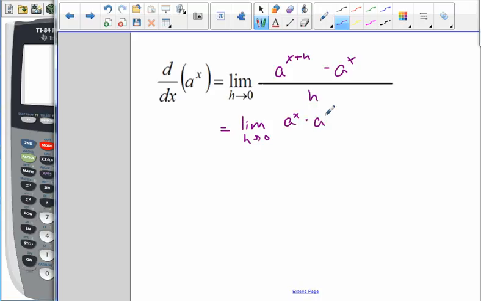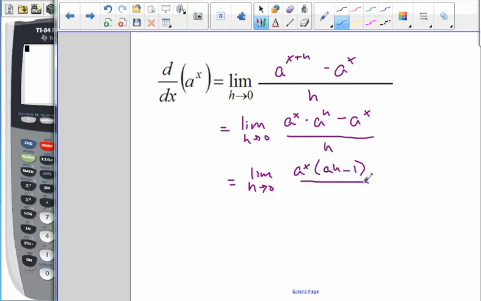So a to the x times a to the h minus a to the x all over h. And next, I can see both terms have an a to the x, so I can factor that out. So the limit as h approaches 0 of a to the x, a to the h minus 1 all over h.